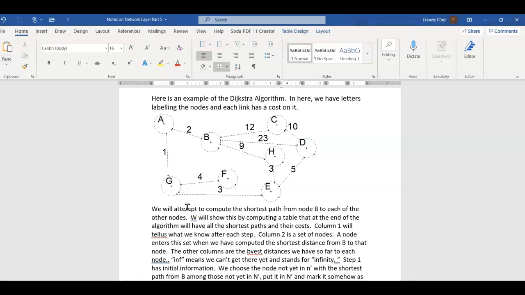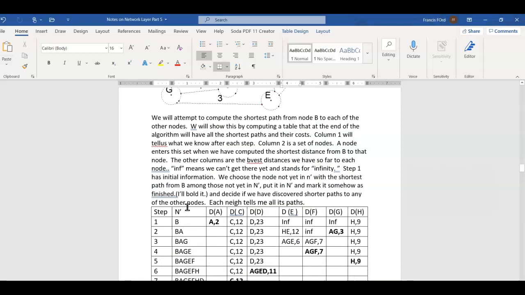And B was told by H, I can get to E in 3 units. Well, it takes me 9 to get there, so that's 12. That's pretty major. C says I can get to D in 10. That's going to cost me 22. I had 23. 22's better. I'll take the 22. And I just keep building up this way.